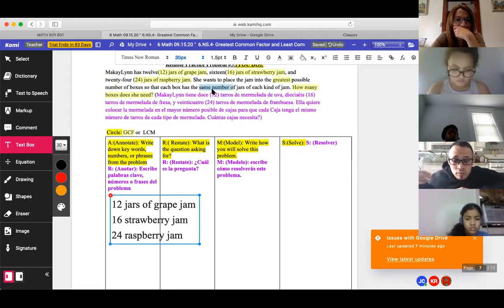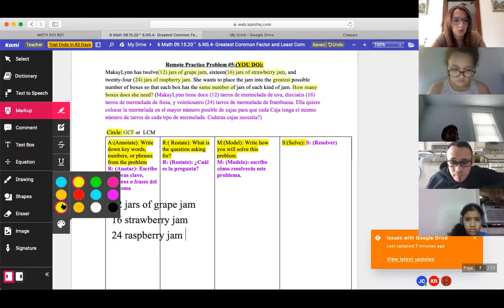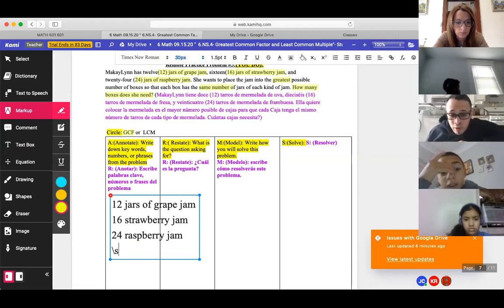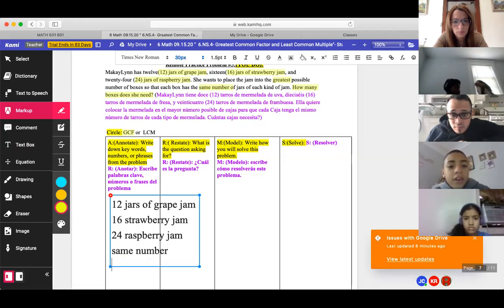Two words. So hold on. She wants to place the jam into the what? The boxes. Yeah, but into the what? It says it right there. It's highlighted in yellow. Same number of jars. Same number, and what else? And of each kind of jam.